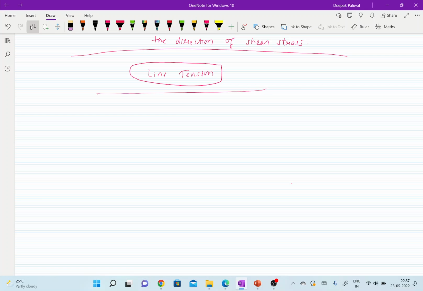So the line tension represents the work or the energy required to increase the length of the dislocation.